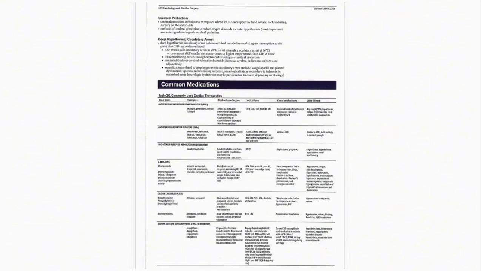Equally important is to understand the major cardiovascular medications outlined in Table 20, including ACE inhibitors, ARBs, ARNIs, beta blockers, calcium channel blockers, and SGLT2 inhibitors. Knowing each drug class, its mechanism, indications, contraindications, and adverse effects is fundamental for both the MCCQE examination and everyday clinical practice.